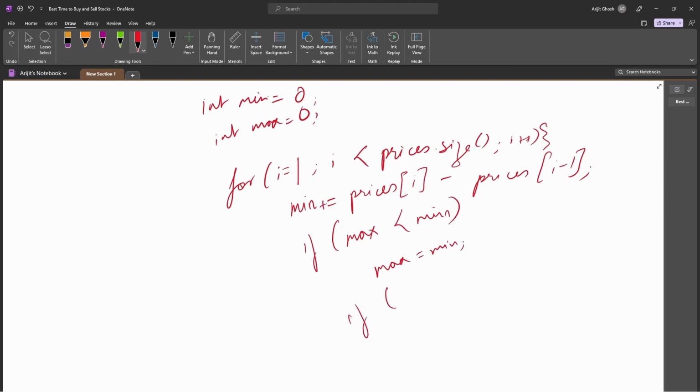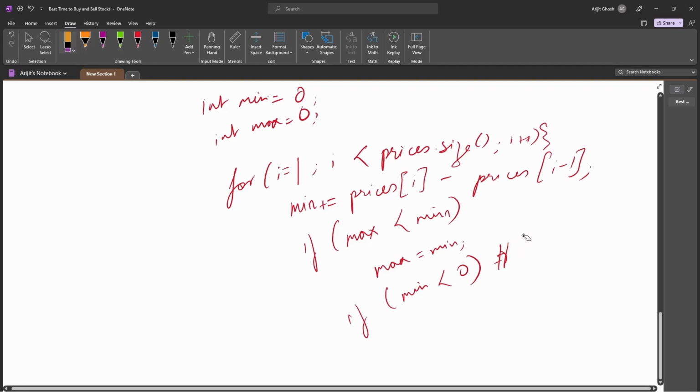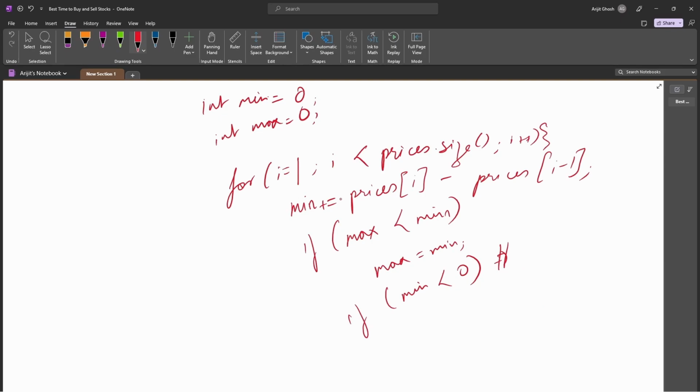And whenever min is smaller than 0, that is negative, then we initialize min equals 0, and return max.